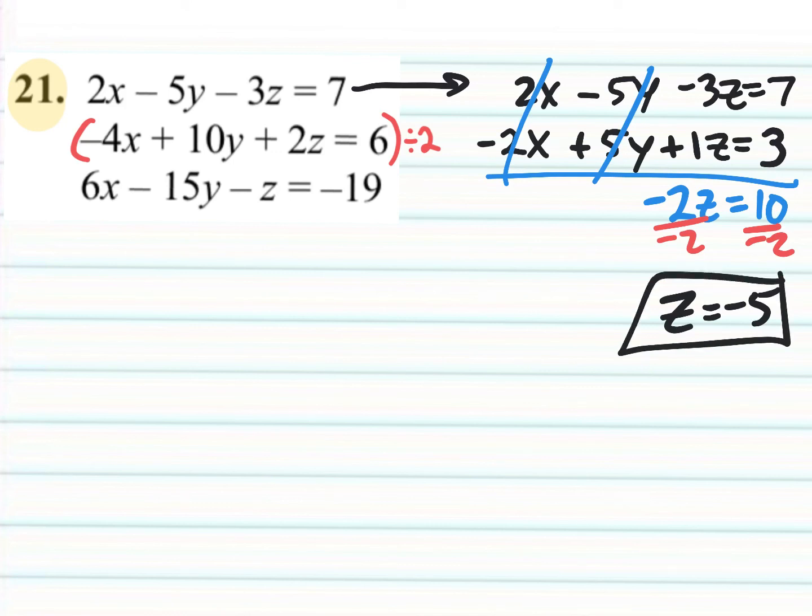Yay? All right, so normally we would have a new equation number 1 that has 2 variables, right? The whole purpose of following those steps is to get a 2-by-2 system. But right here we got something even better. We have one answer: z equaling -5.